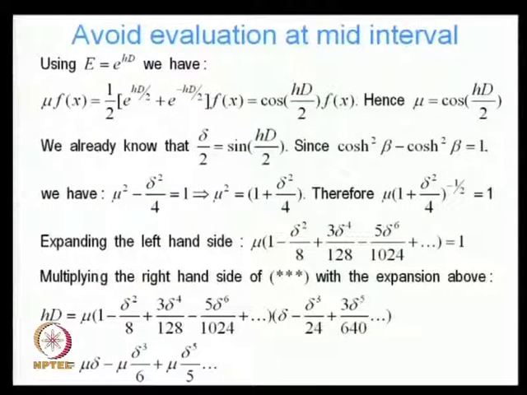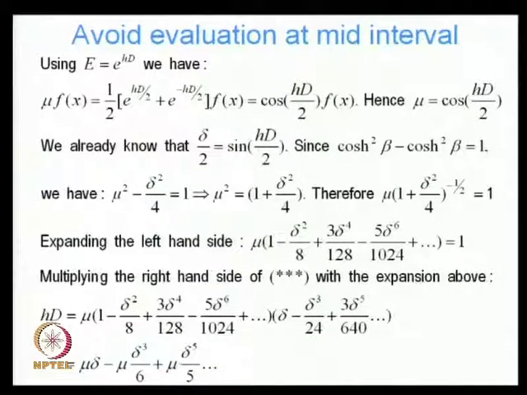So, that is actually cos hyperbolic square beta minus sine hyperbolic square beta is equal to 1, which we know is an identity. So, from that we get mu square minus delta square by 4 is equal to 1, right. Mu square minus delta square by 4 is equal to 1, from which I get mu square is equal to 1 plus delta square by 4.